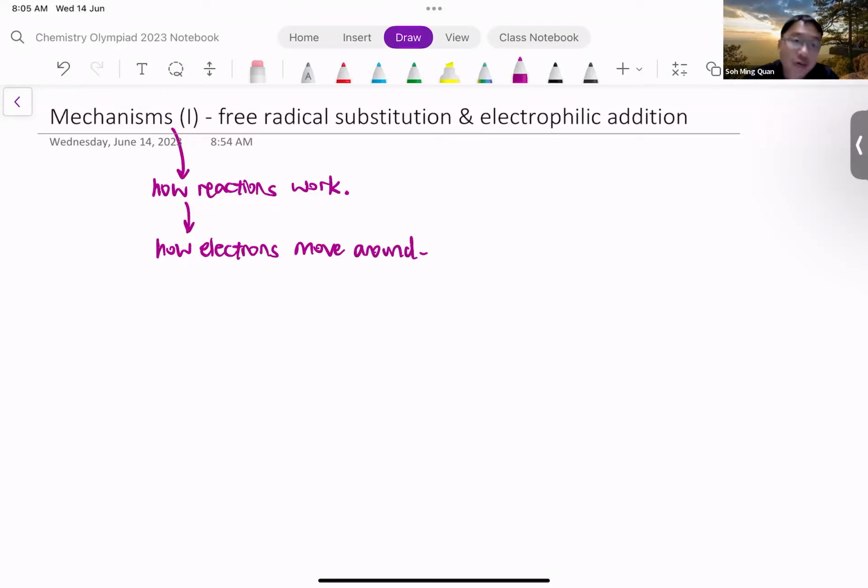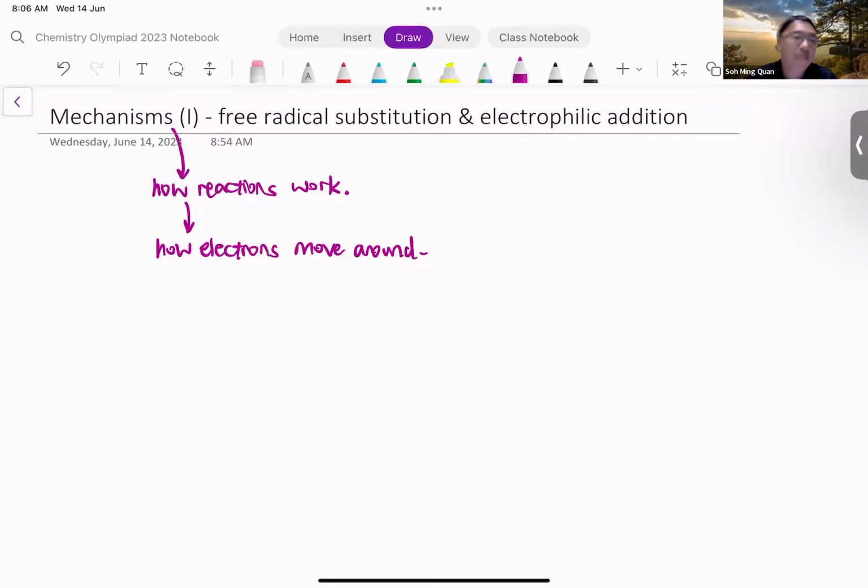If you think back to chemical bonding, you learned ionic bonding, right? Ions are formed when the metal atom loses valence electrons and the non-metal atom gains valence electrons. So there's a loss, there's a gain of valence electrons. Or you can have covalent bonding, where covalent bonds are formed through the sharing of valence electrons.